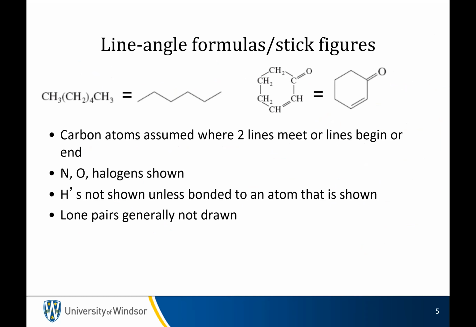The only time you draw hydrogen is if it's bound to a nitrogen or an oxygen, because you do need to say how many that is. And lone pairs are generally not drawn, but we will. It's not needed officially, but for this course, to make sure we're keeping track of our electrons, we should probably draw them out.